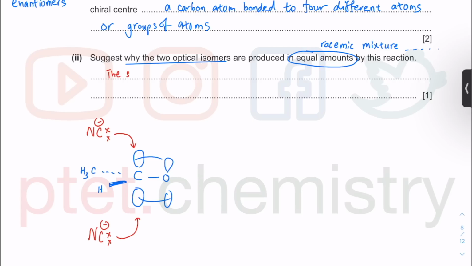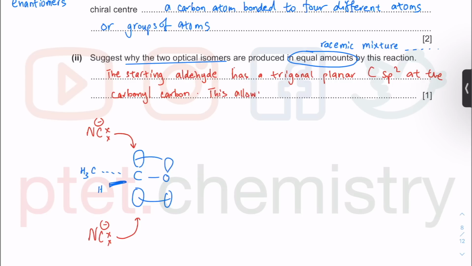So what we can say is the starting reactant aldehyde, RCHO, has a trigonal planar sp2 carbon at the carbonyl carbon. The C double bond O is the carbonyl carbon there. This allows the CN minus nucleophile to attack with equal chances.